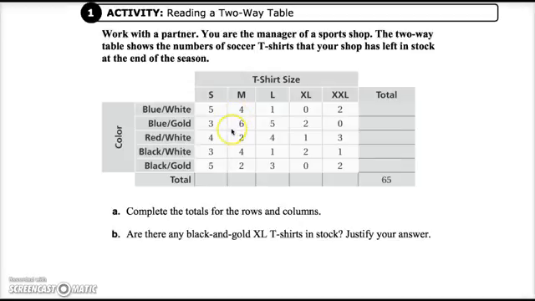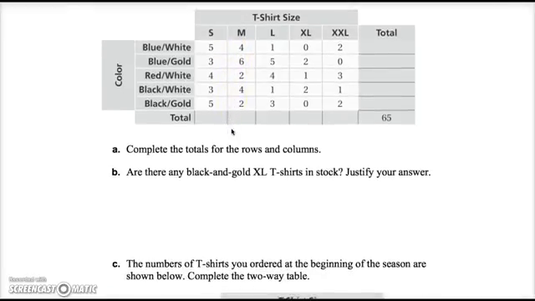Okay, part A says the first thing you're going to do is complete the totals for the rows and for the columns. If you notice, they have a total section over here and a total section along the bottom. To get the total over here, this is going to be the total blue and white t-shirts that they have left. So 5, 9, 10, 11, 12. Total of 12 in that row.